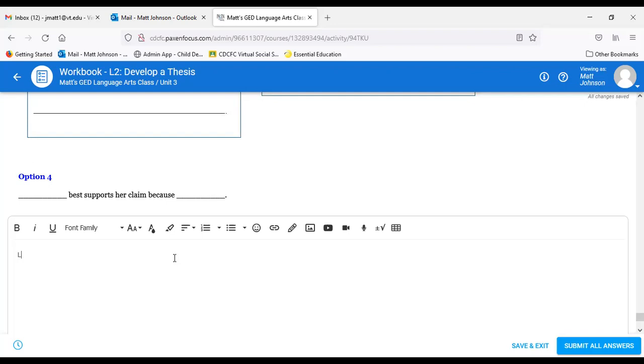So for Liang, better supports her claim because she does not qualify her evidence like Clement does. Okay, so there's one idea.